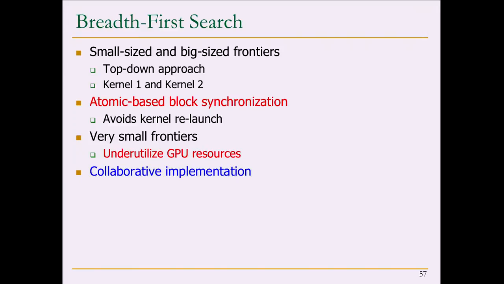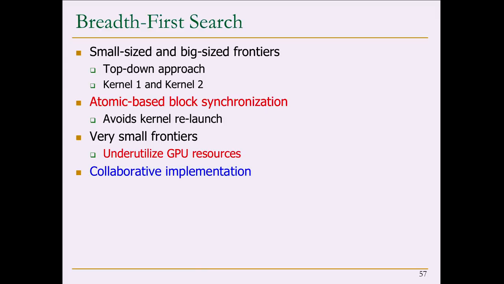It's not the only way of implementing BFS on GPU. There's a different approach, for example, called bottom-up approach, where we assign threads to each of the vertices, and every thread checks if the vertex is being visited in each of the iterations or not. The problem with this vertex-based approach is that we might have many idle threads.